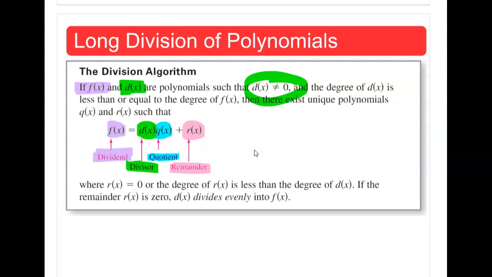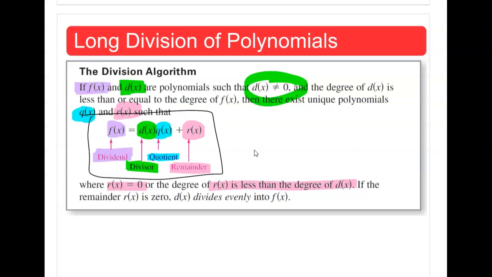Then there exist unique polynomials, q of x, which is the quotient, and r of x, which is the remainder, such that this statement is true, where r of x equals 0, or the degree of r of x is less than the degree of d of x.